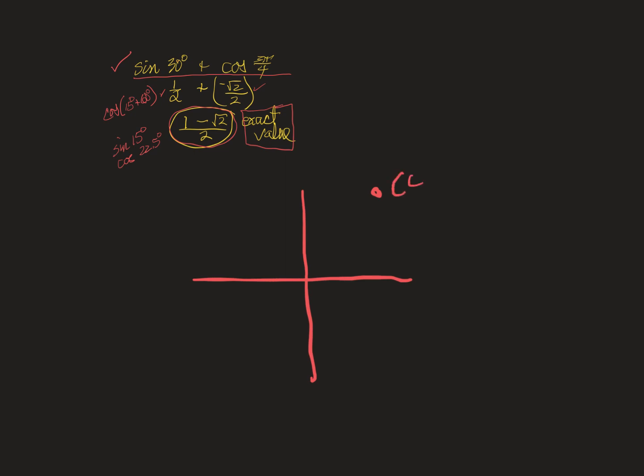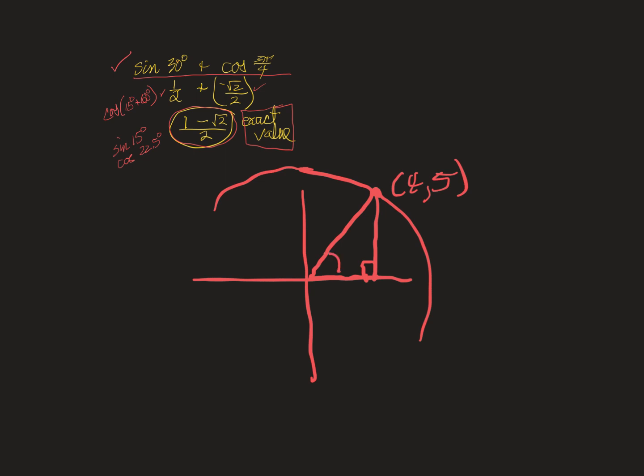So the point is 4, 5, like that. What we want to be able to do is find the angle that would go with this particular circle. So we want to find that angle.